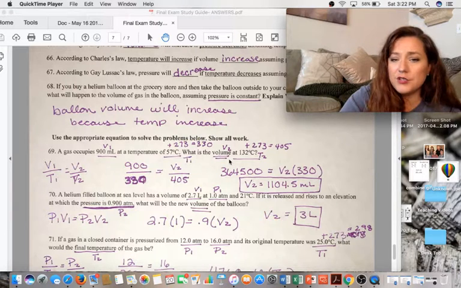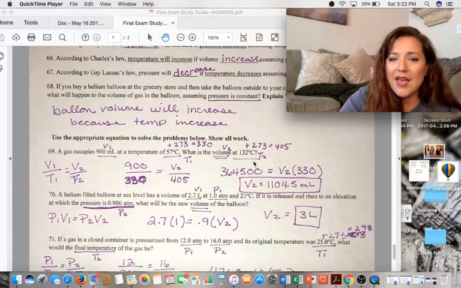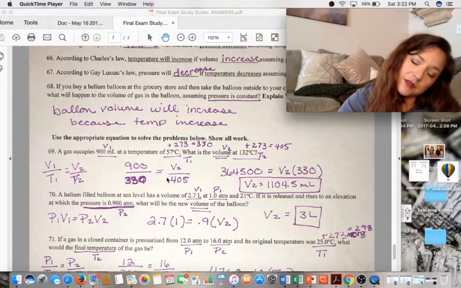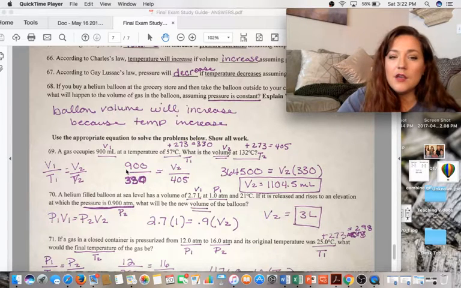Then volume 2 is my unknown, and my T2 is 132 plus the 273. When I set this up, it's 900 divided by 330 equaling V2 over 405.